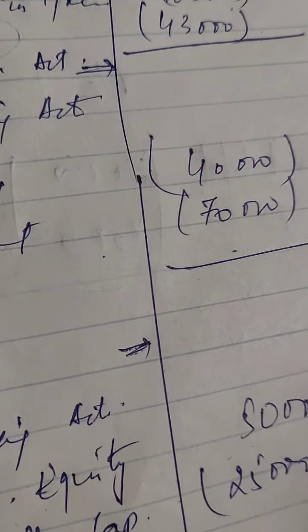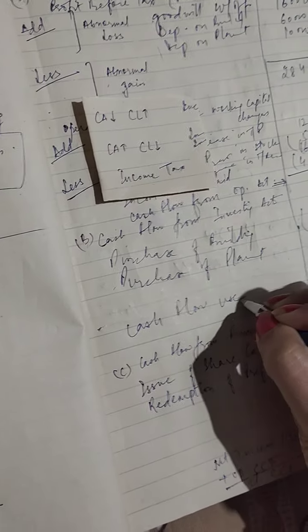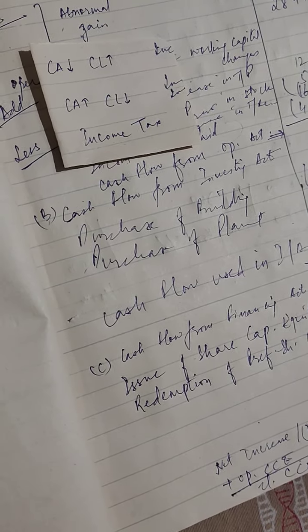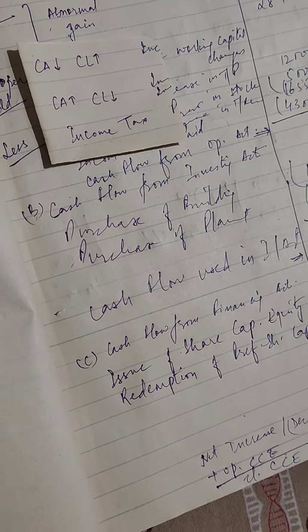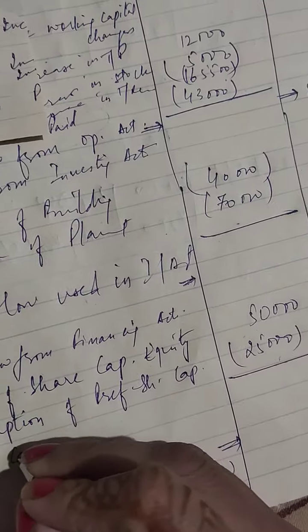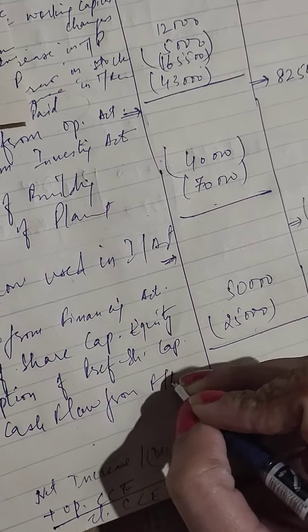Like you can see here, 7 and 4, 11, 1,10,000, which is a negative one. So I will write cash flow used in investing activities. Then calculate for this. It will be 50 minus 25, 25,000, right? So I will write positive one, so cash flow from financing activities.